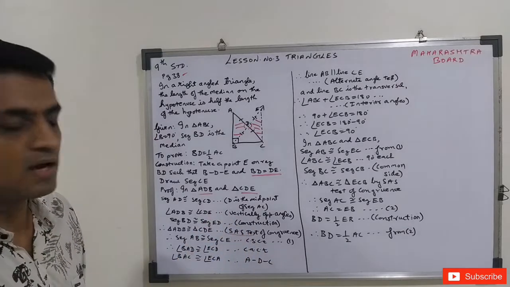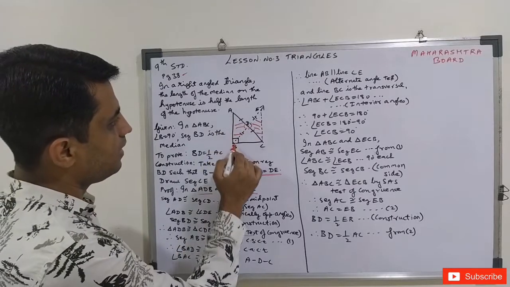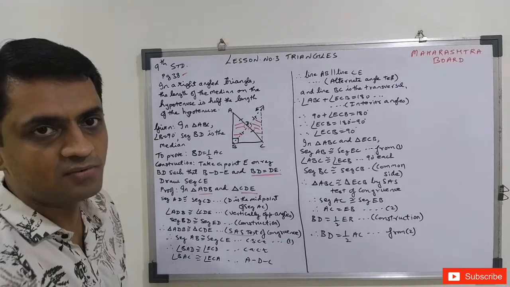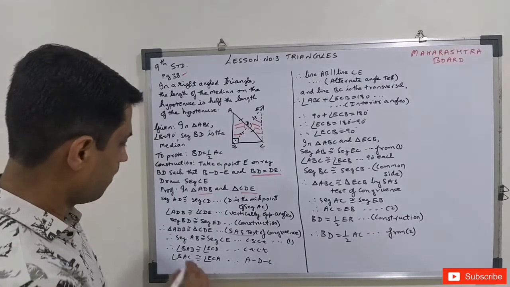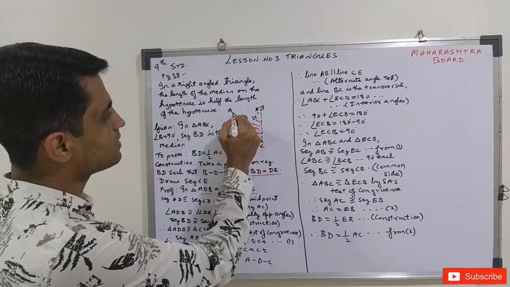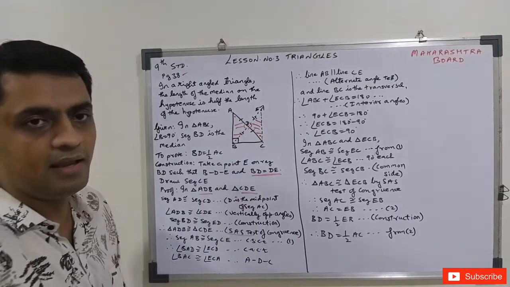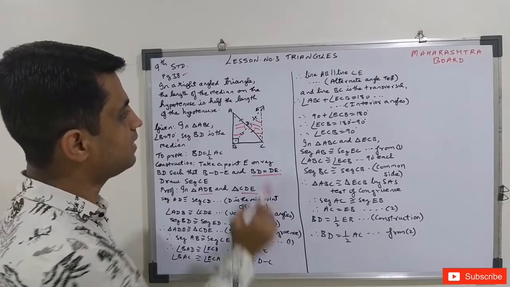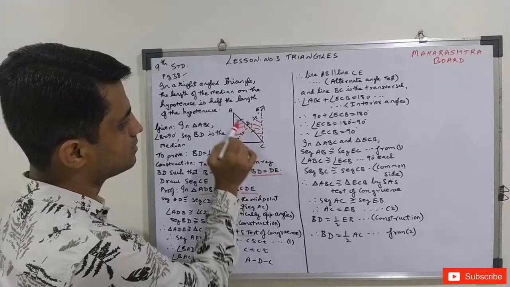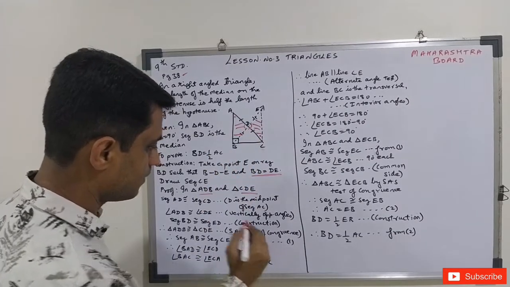If both the triangles are congruent, then we can say segment AB is congruent to CE, corresponding sides of the congruent triangles. Then angle BAD is also congruent to angle ECD, corresponding angles of the congruent triangles.